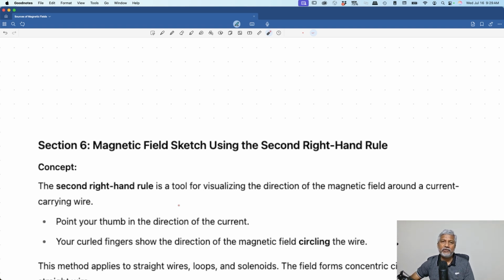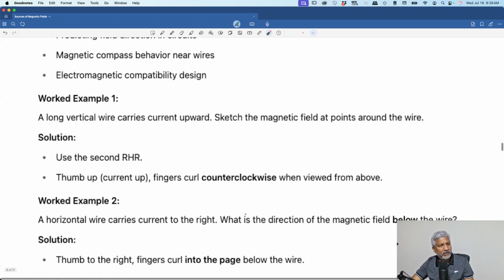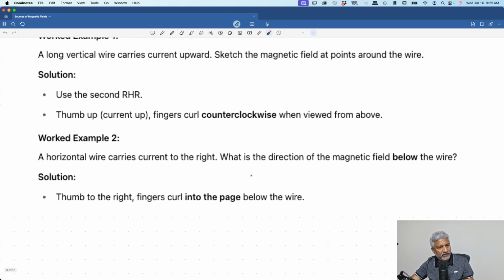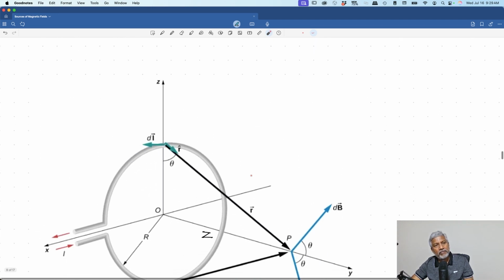Remember that, where you hold the conductor in your right hand with the thumb pointing in the direction of the current, and the closed fingers will give you the direction of the magnetic field. Okay. So that is the second right-hand rule, something we looked at earlier.